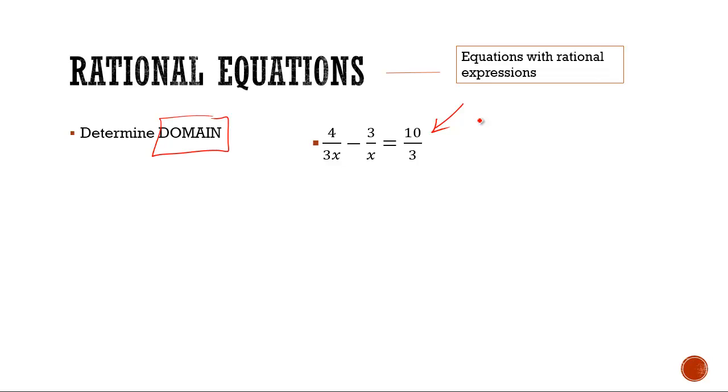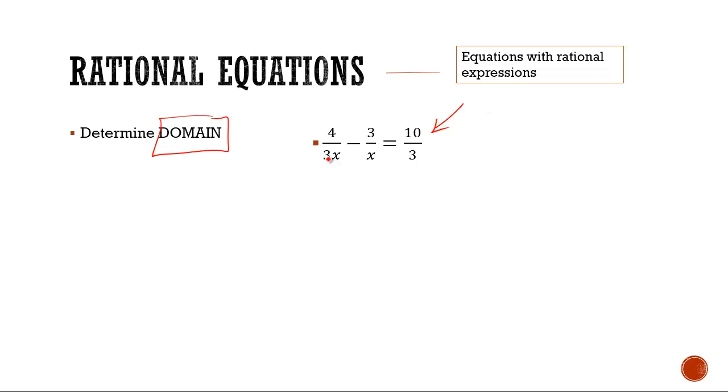So later, when you find your answers, you can check against the domain to see, hey, maybe some of these answers don't actually work. Remember, with fractions, you never want to have a 0 in your denominator. So if your denominator has a variable in it, it could potentially be 0 if the correct number was in there.